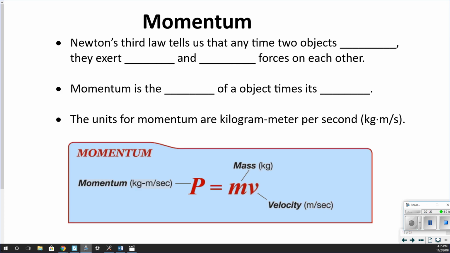Now let's talk about momentum. Newton's third law tells us that any time two objects collide, they exert equal and opposite forces on each other. Momentum is the mass of an object times its velocity.